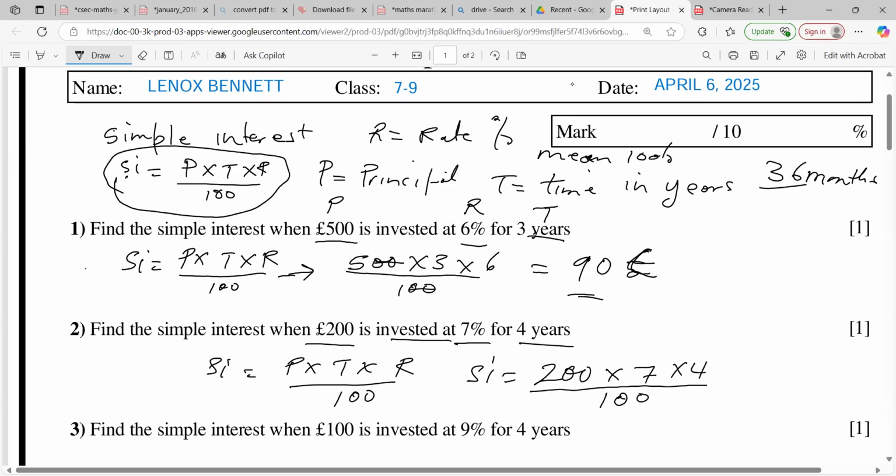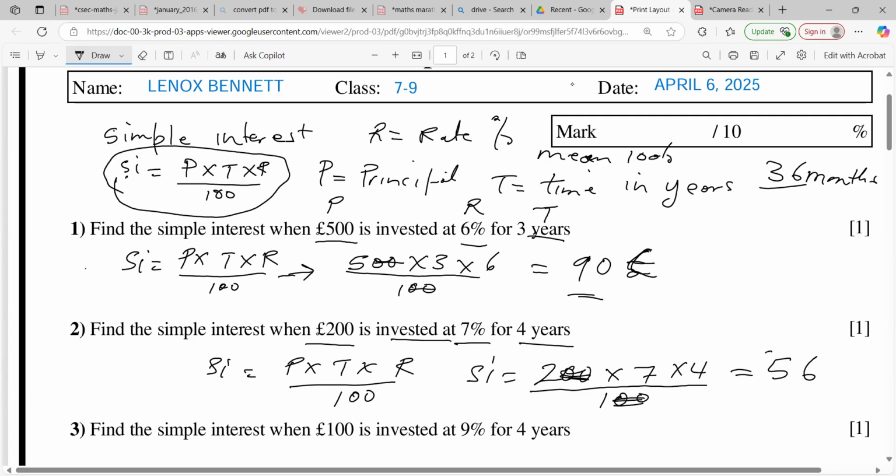And of course, percent means out of 100, so from the 7% you get the 100, right? So this cancels. 100 into 200 goes 2 times. 2 sevens are 14. And then 14 times 4, I think that's 56. And a pound again, right?